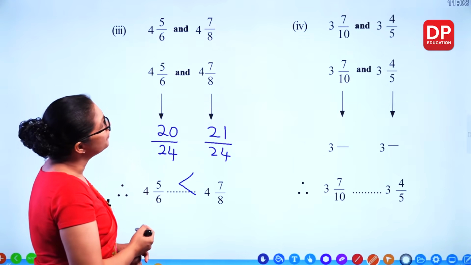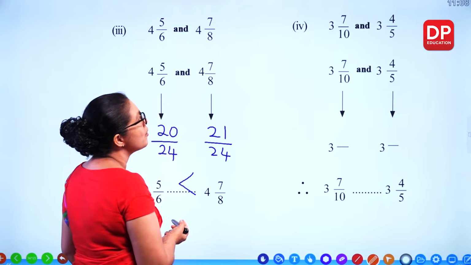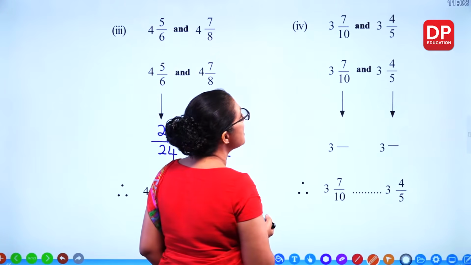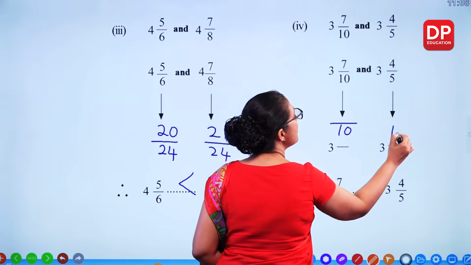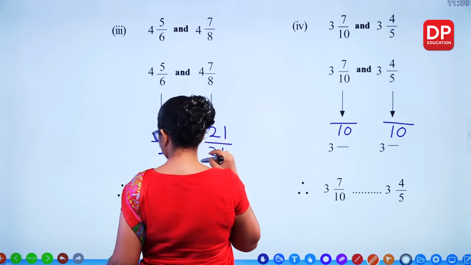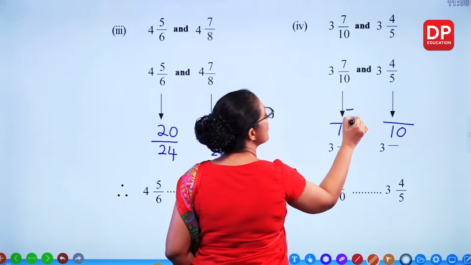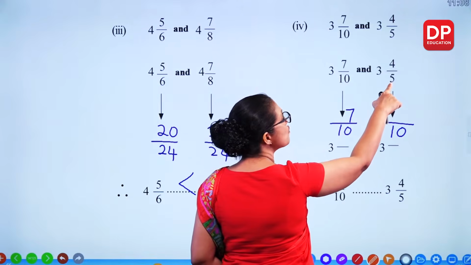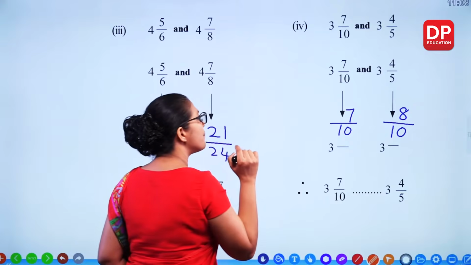Look at these two. 3 is the whole number, so you have to look at the fractions, 7 over 10 and 4 over 5. 10 is the common denominator. This one is okay, and this one you have to multiply by 2. 2 times 4, that's 8.